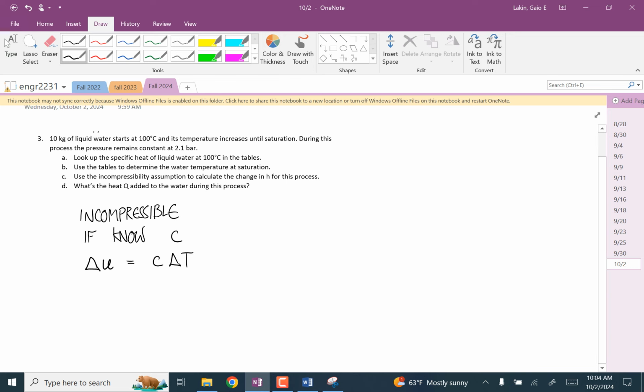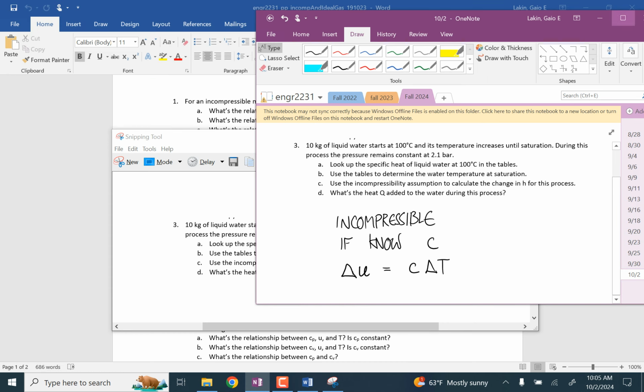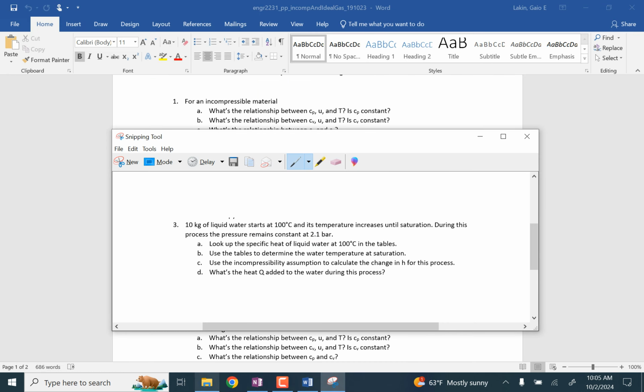The specific heat for liquid water, well, let me show you where to find that, because we just talked about this yesterday in office hours.